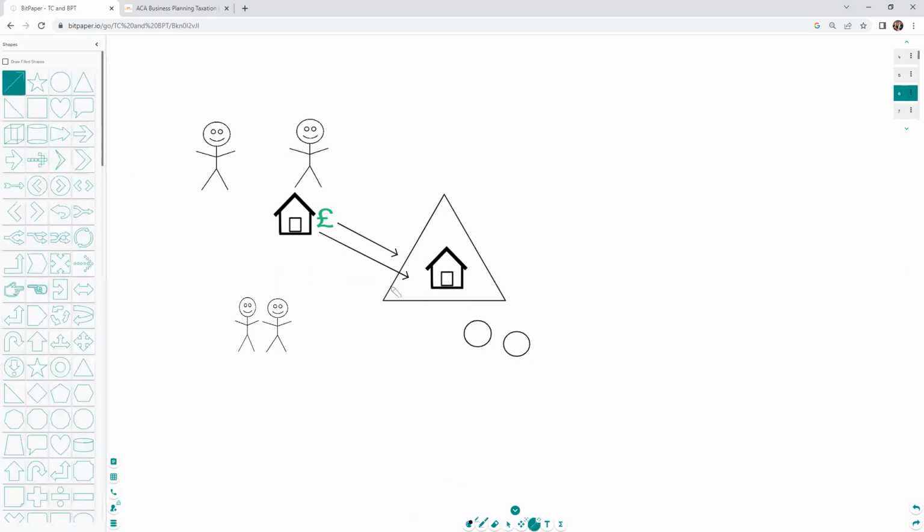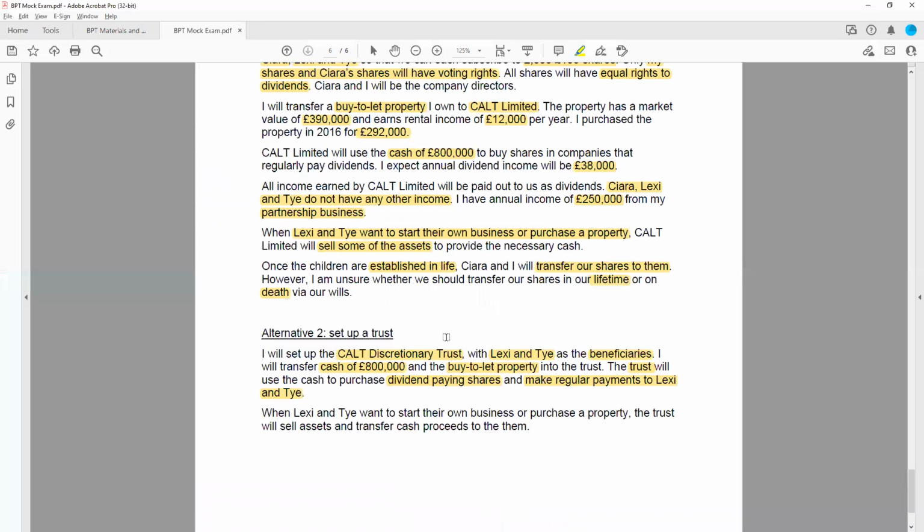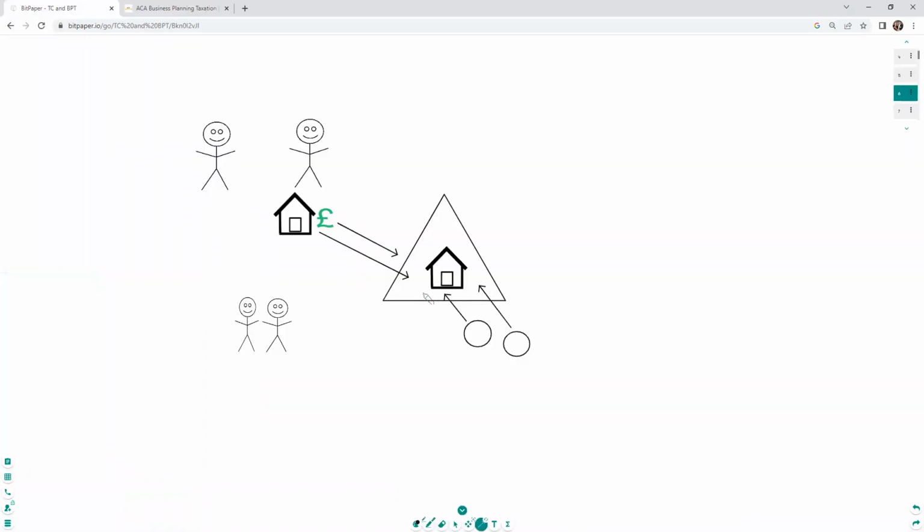And we're told that it's going to use that to make regular payments to the children. So the dividends and the property income are effectively being passed through the trust to them.